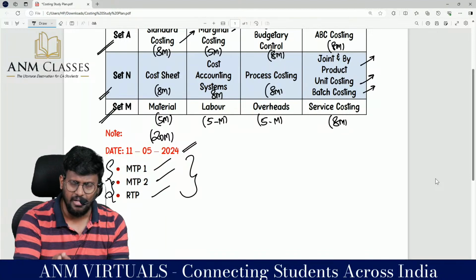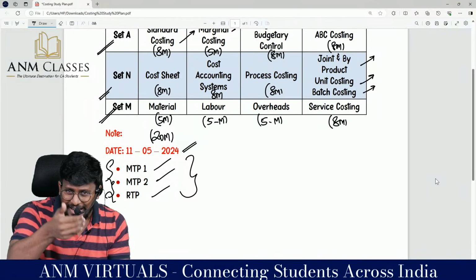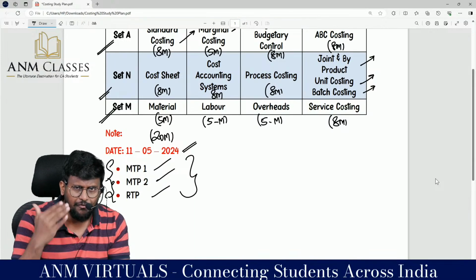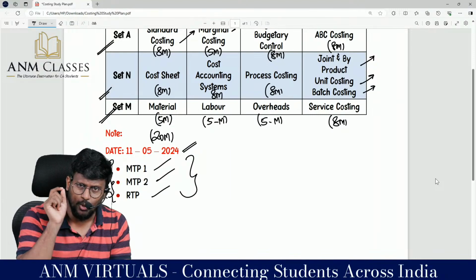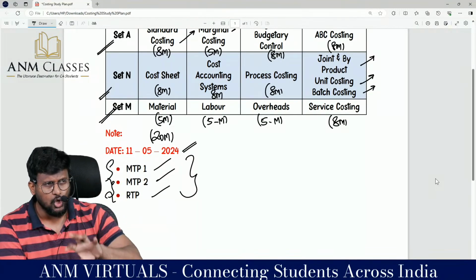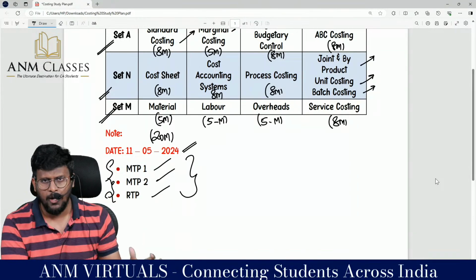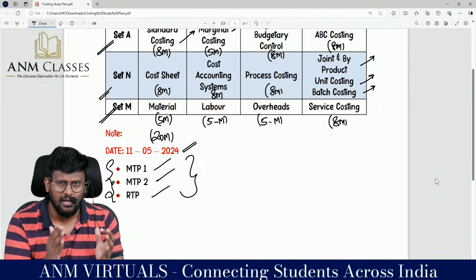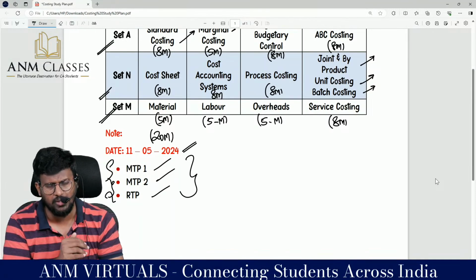I will try my level best to do that based upon the requirement of the students. So this time it is very much possible, because you are giving an early start today itself. Start doing costing, and whenever you are doing a particular chapter, try to solve the MCQs from the ICAI study material of the respective chapter also. That's why I have given 3 hours for each chapter, my dear lovable students.